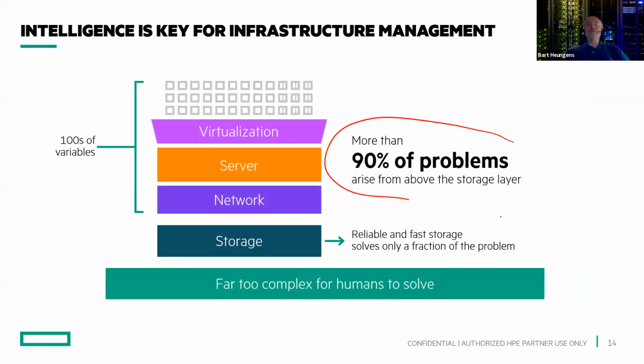They found out that more than 90% of the problems arise outside the storage layer: at the network, at the server, at the hypervisor, or at the app, the VM, or the container, or even the applications on top of it, somewhere else.